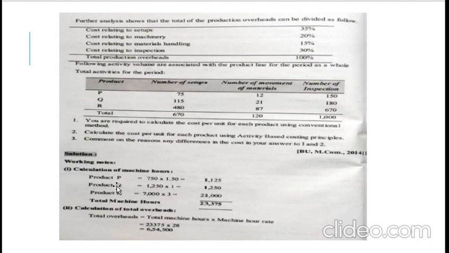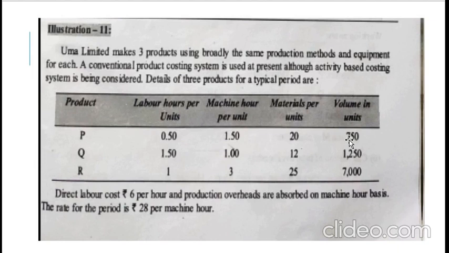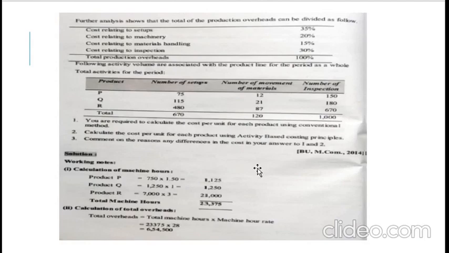The first step is to calculate your machine hours. For product P, 750 is the number of total units. For 1 unit the machine hour is 1.50, so for 750 units you multiply 750 into 1.50, which gives you 1125.